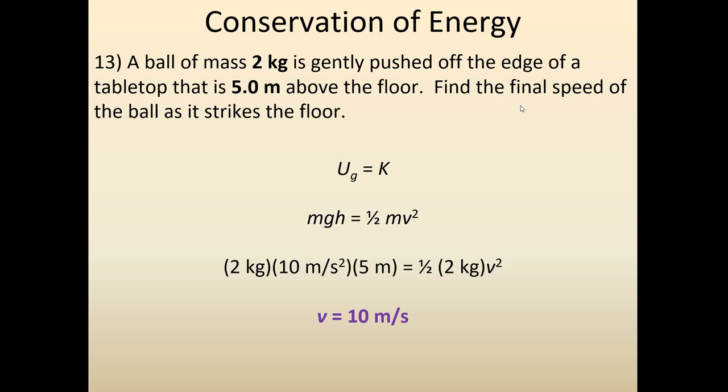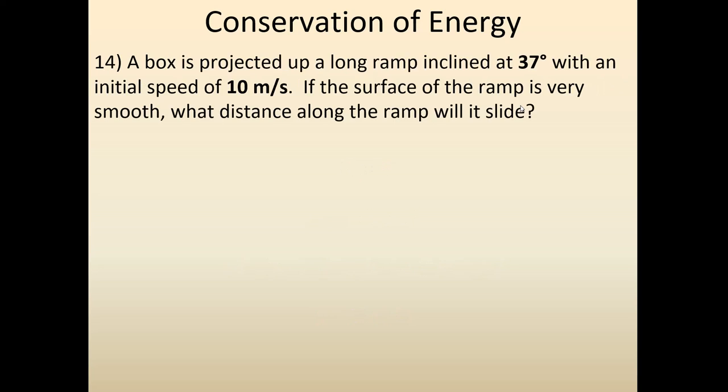So you could have potential plus work equal to kinetic plus heat, or potential plus kinetic equals kinetic plus heat, or something like that. So you want to keep an eye out for that. Don't just automatically assume that it's one energy equal to one energy, because that's the easiest way for you to get into a situation where you underestimate the question.